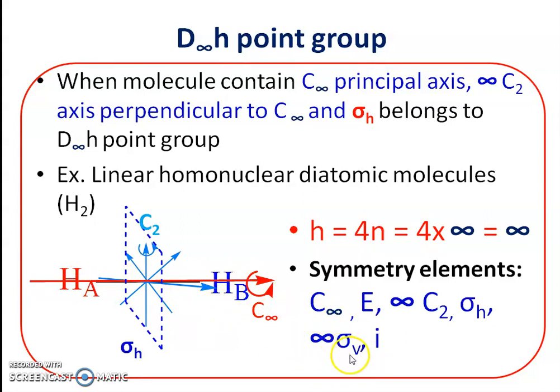There is also a center of inversion. Imagine the center of this molecule, and with respect to that point, when the positions of the two hydrogen atoms are exchanged, we get an equivalent structure, and therefore this molecule contains a center of symmetry. And this is all about the D infinity h point group.